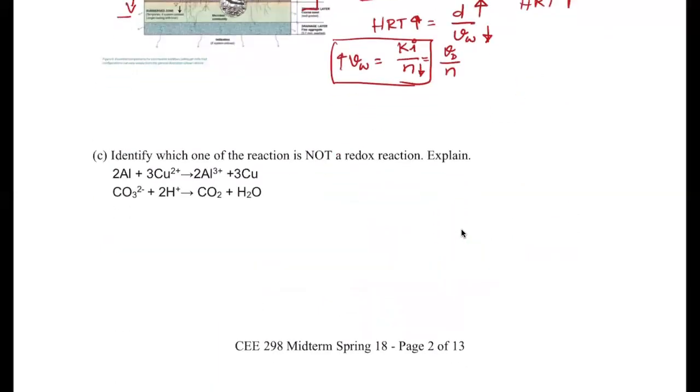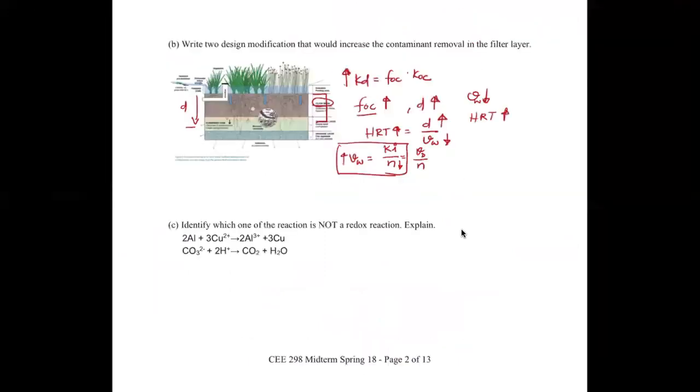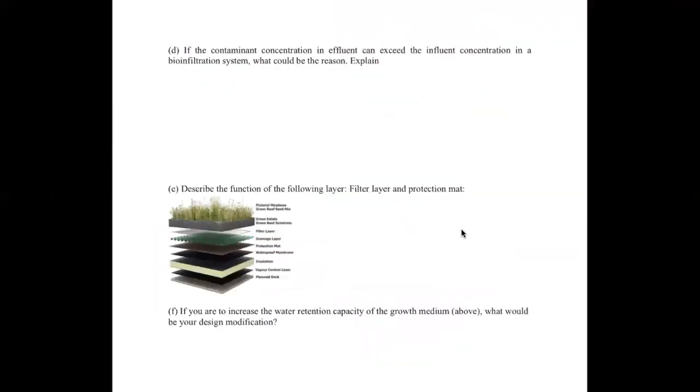Next one is related to redox. That's a chemistry question. You see what the oxidation state is. The following one is, if contaminant concentration in effluent can exceed the influent concentration in a biofiltration system, what could be the reason? Usually you have a filtration system and contaminated water coming in, C_in, and your C_out should typically be lower than C_in, because your goal is to remove pollutants. But what if C_out is greater than C_in? What could be the reason?